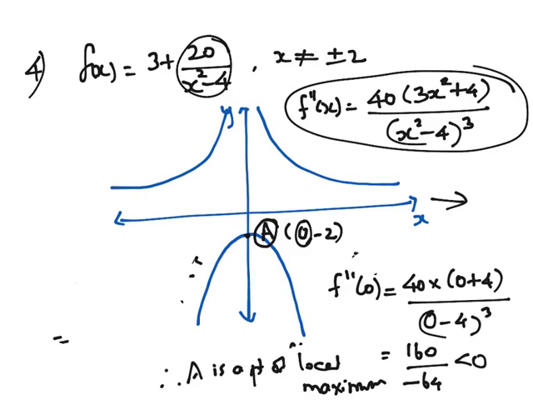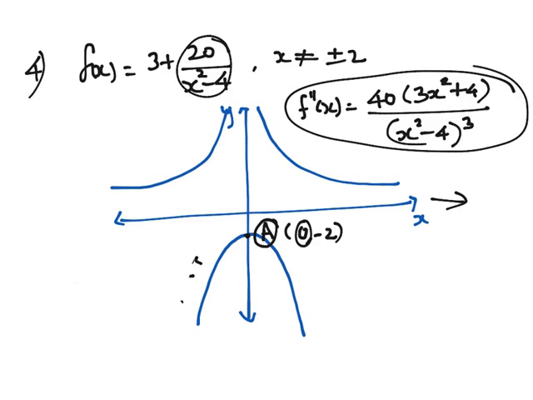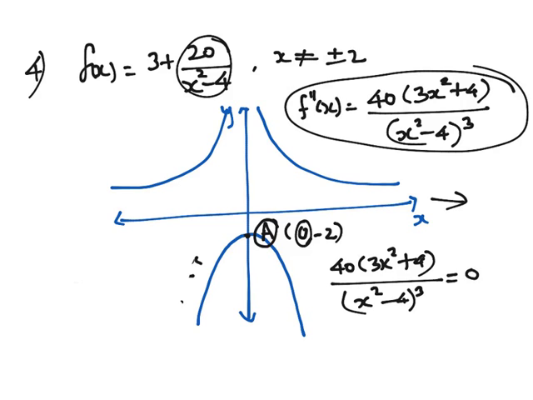So let me find out whether the second derivative is 0 for any point. The second derivative is given here. Let me equate the second derivative to 0. So I'll get 40 times 3x squared plus 4 by x squared minus 4 the whole cube equal to 0, which implies 3x squared plus 4 equal to 0, which is not possible, isn't it?